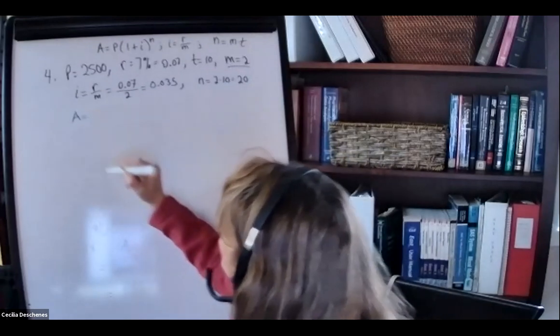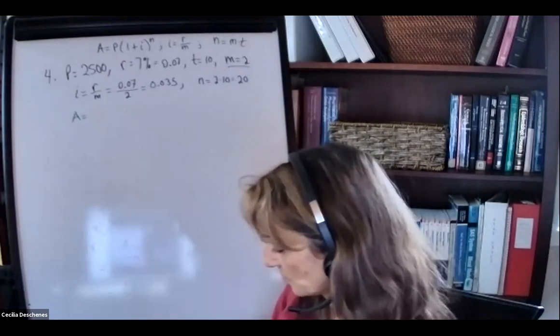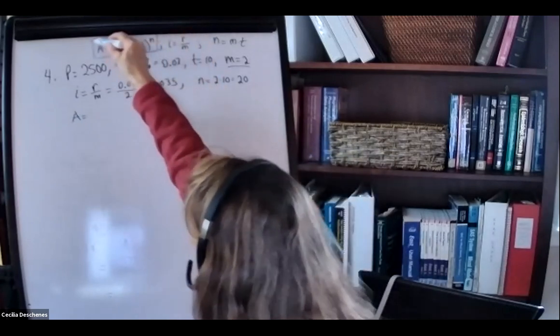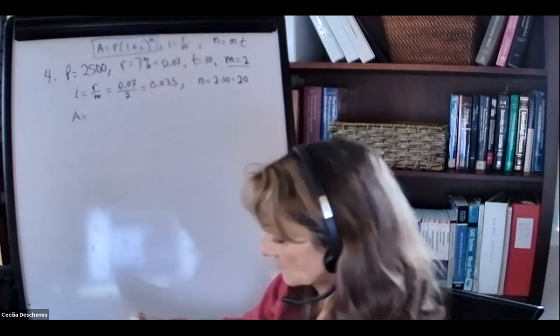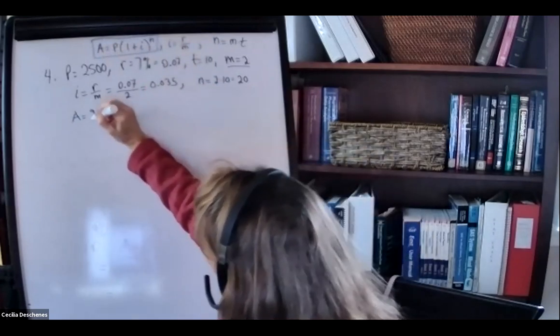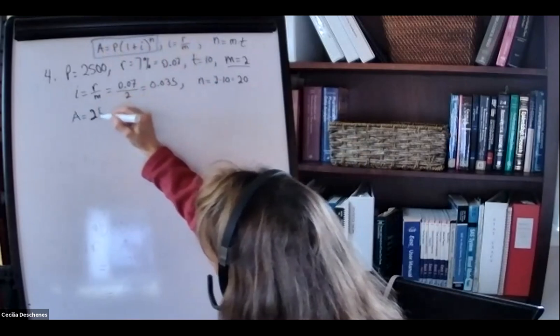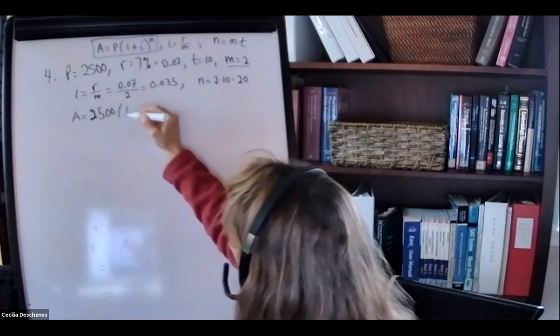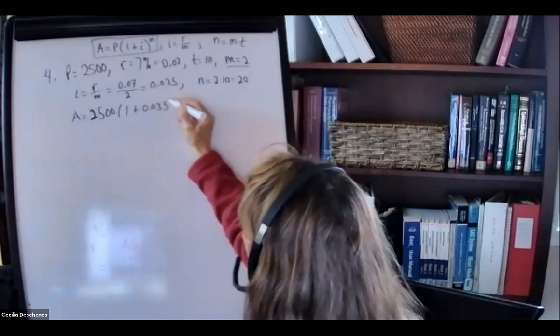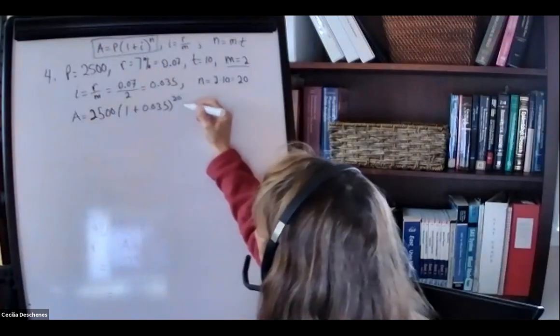Now we have everything we need to plug it directly into this formula for the compound interest. So we're going to do 2,500 times 1 plus 0.035 raised to the 20th.